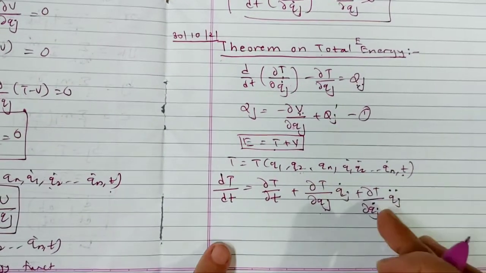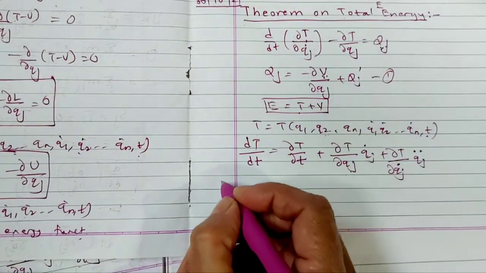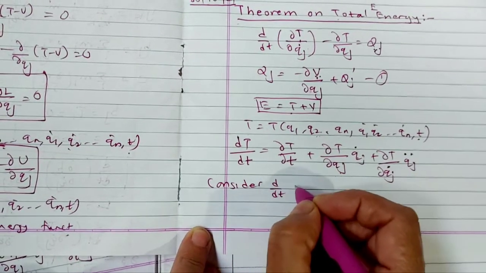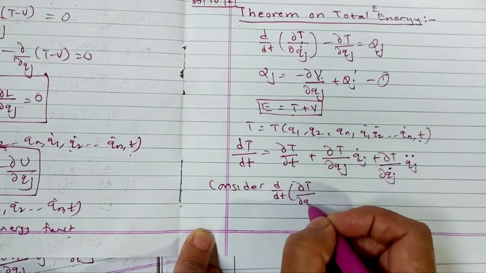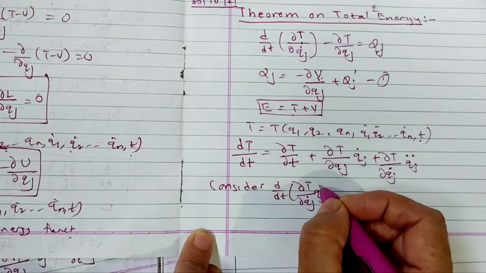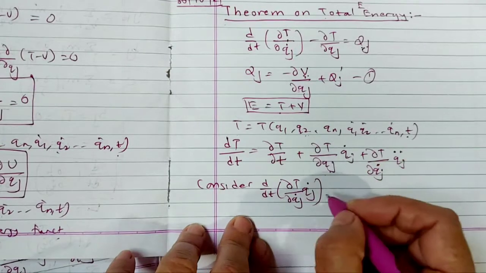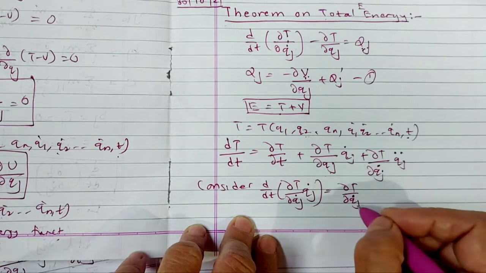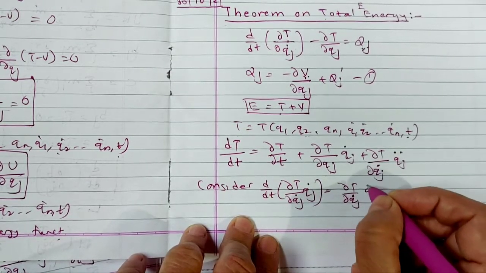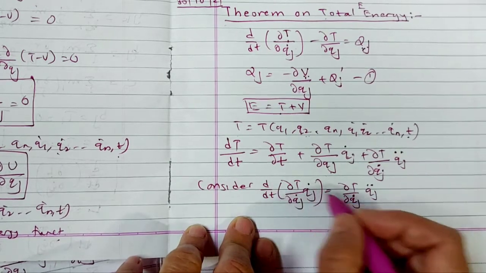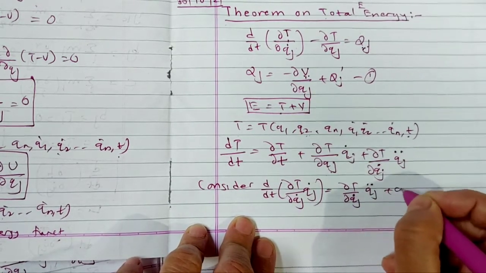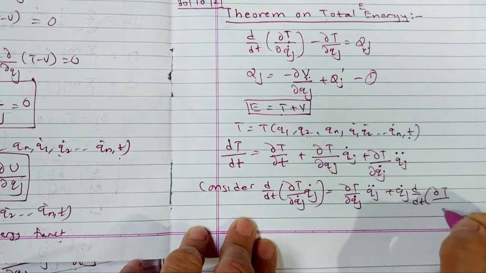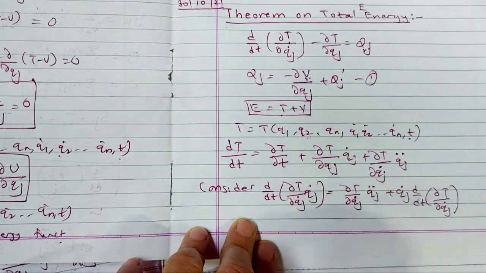Now to understand this term, consider d/dt of ∂T/∂qj dot times qj dot. I just consider this term, u into v. So I write ∂T/∂qj dot, first function as it is, times the derivative of the second function, d/dt of qj dot, which is qj double dot, plus the second function as it is times d/dt of ∂T/∂qj dot.